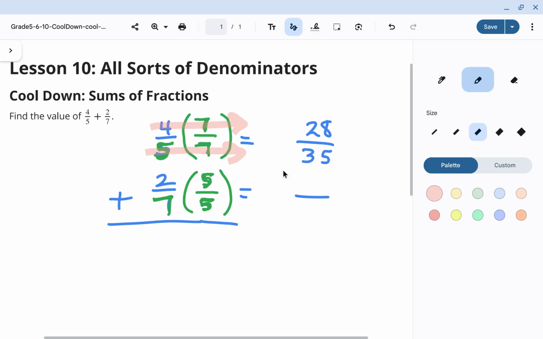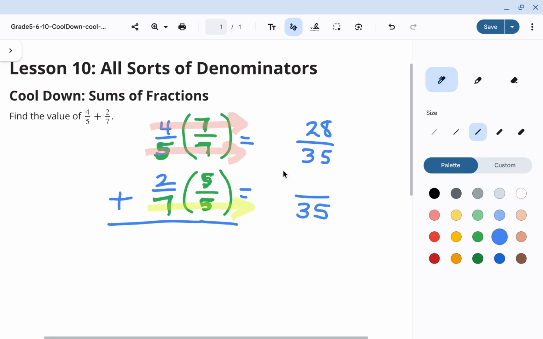We're going to do the same thing down below. We know that 7 times 5 gives us 35. Look, common denominators. And we know that 2 times 5 gives us 10. So now we know that 2/7 equals 10/35. That is how we can work with all sorts of denominators.